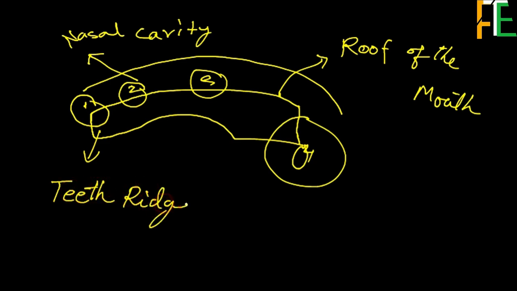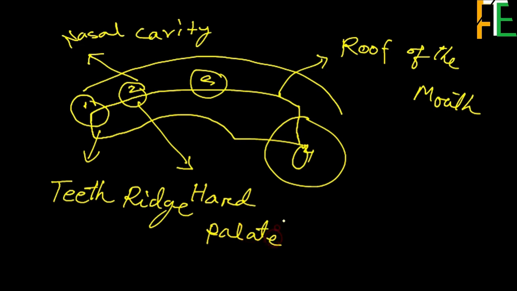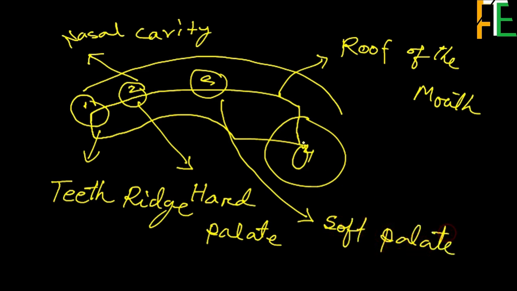After the teeth ridge, we have the hard body part of the roof. That is why it is called the hard palate. Then we have the soft palate, because this part is softer than the hard palate and something fleshy. That is why it is called the soft palate. And the last part is the uvula.